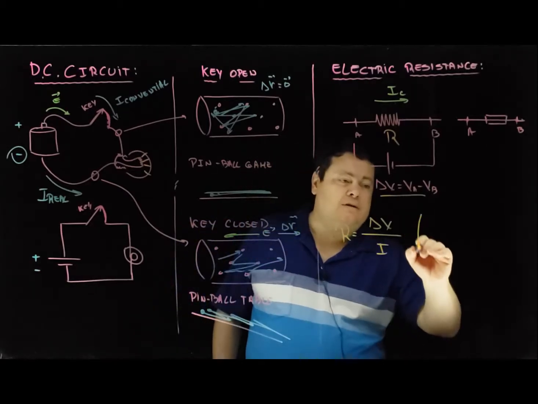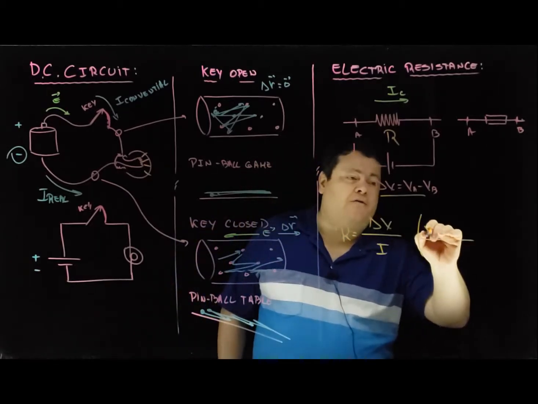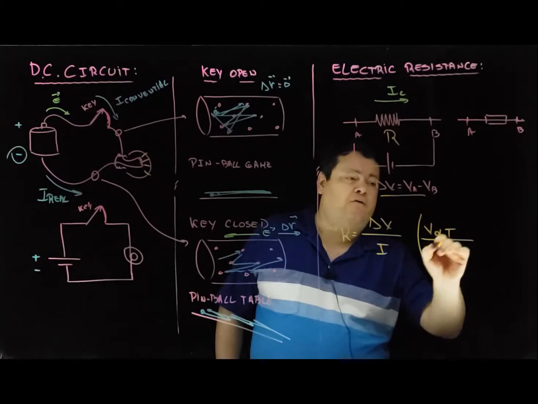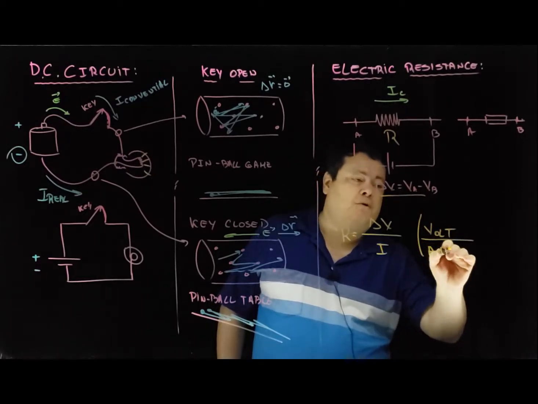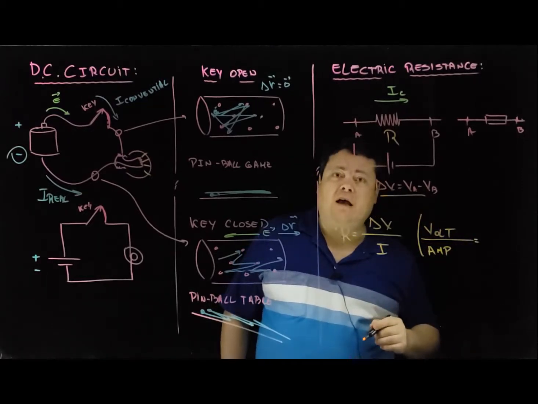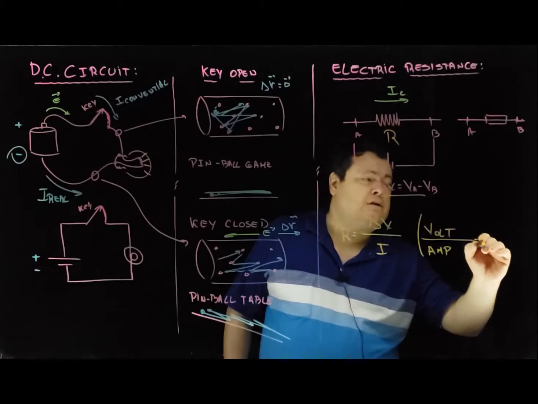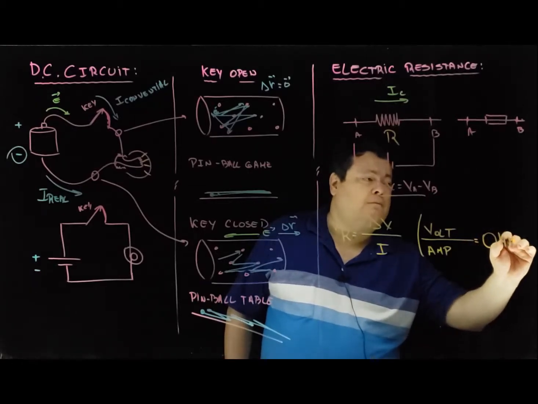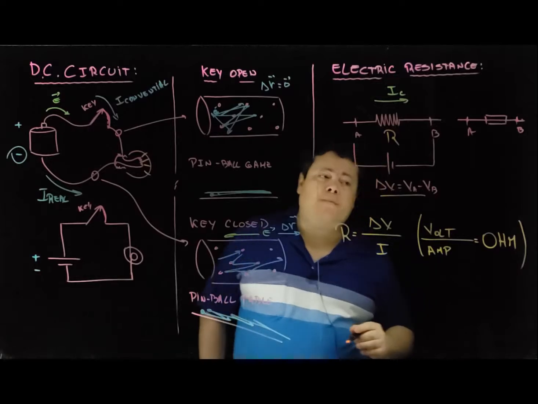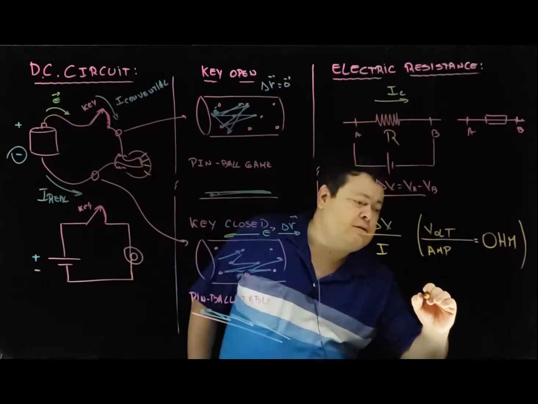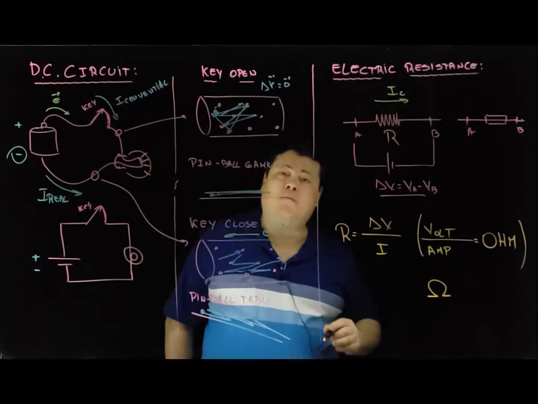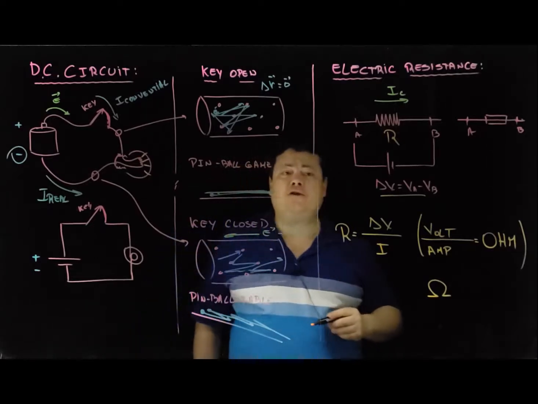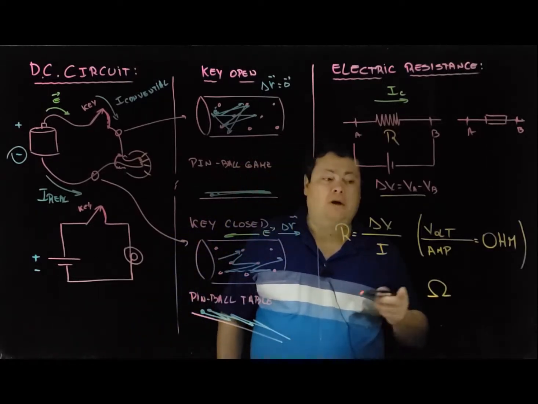In terms of units, this is then defined as volts per amp. But a volt per amp is called an ohm. Okay? The symbol for ohm is a capital omega, which many of my students usually call a horseshoe.